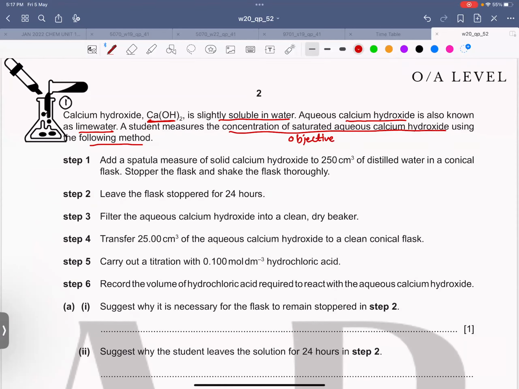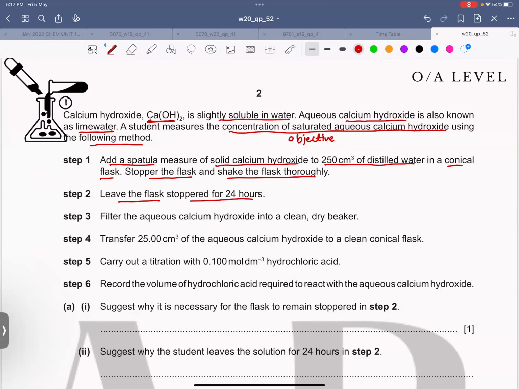In step 1, add a spatula measure of solid calcium hydroxide to 250 cm³ of distilled water in a conical flask. Stopper the flask and shake the flask thoroughly. So make sure that all of the calcium hydroxide dissolves. Leave the flask stoppered for 24 hours.